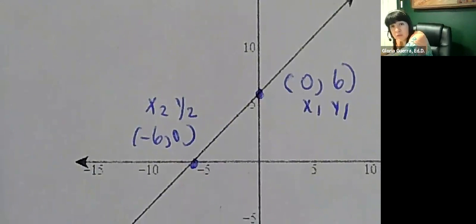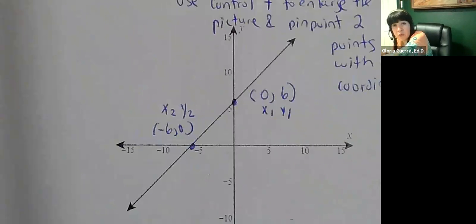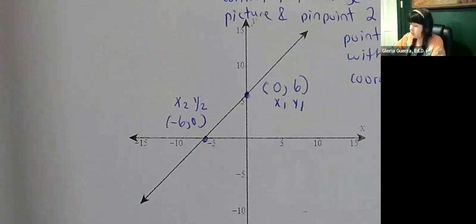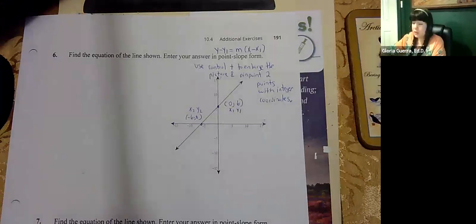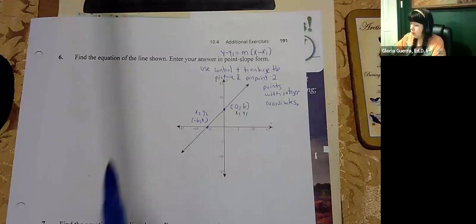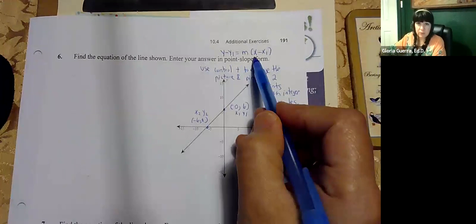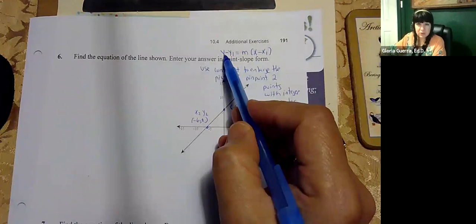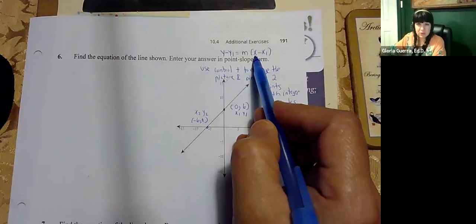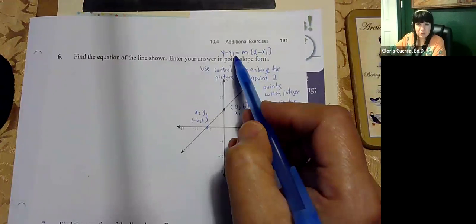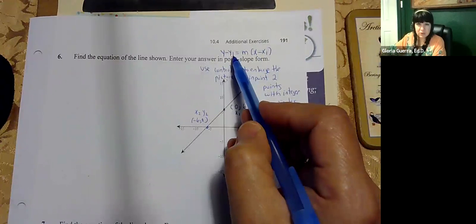Okay, so then we're going to find slope. We're going to find m, because we want our answer in this format. You already picked up that y and x are fixed, but you're supposed to be able to substitute a value for y1, m and x1.